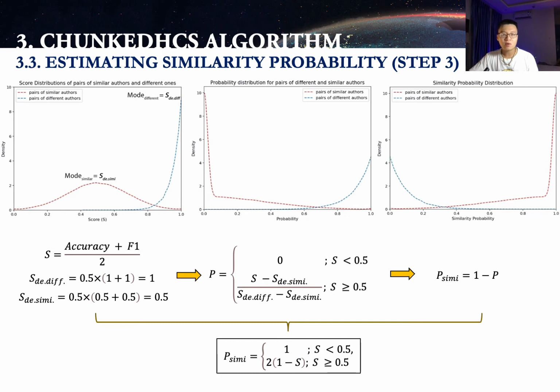When P_simi, which means the similarity probability, comes to 1, it indicates a pair, so text 1 and text 2 are sampled from the same author. When the similarity probability approaches 0, it indicates that text 1 and text 2 are sampled from two different authors.